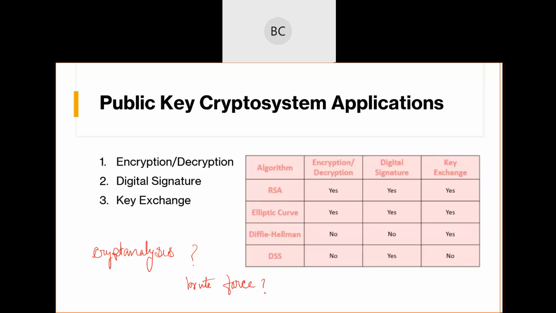So in public key cryptography, to prevent the brute force attack, we should keep the key size large, but not as large as possible. It should be large enough, because if we keep keys too large, again it will be a problem. It will be too complicated.